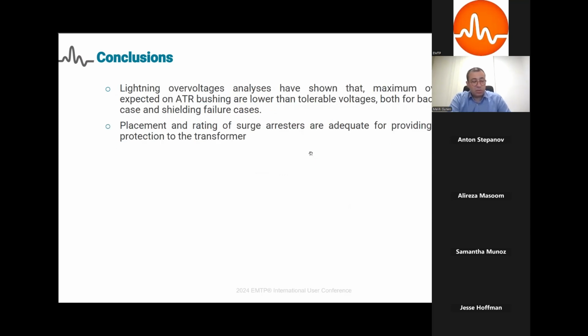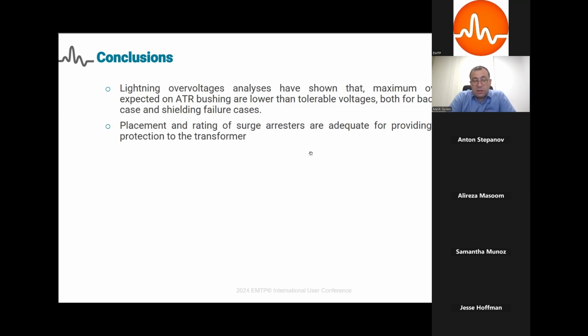So the conclusion is that the lightning overvoltage analysis conducted has shown that both for back flashover cases and shielding failure cases, the expected maximum overvoltages are lower than the tolerable values.